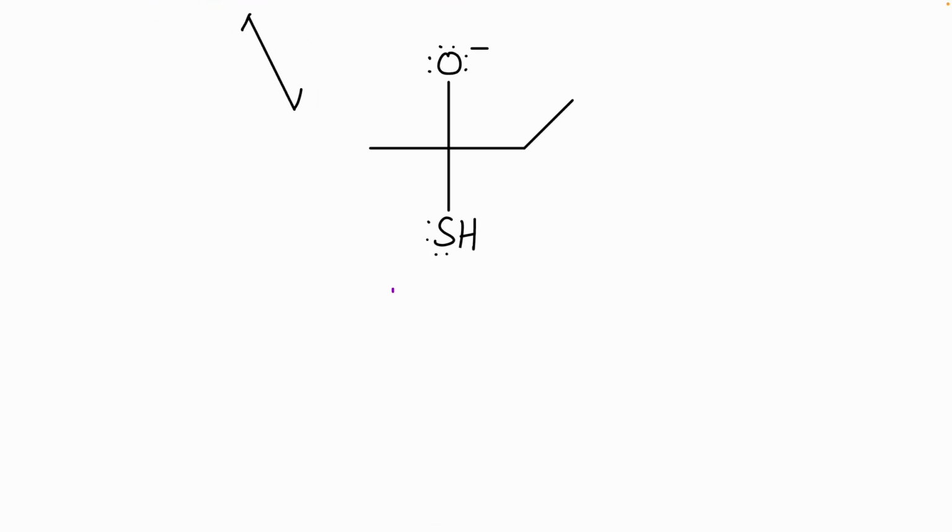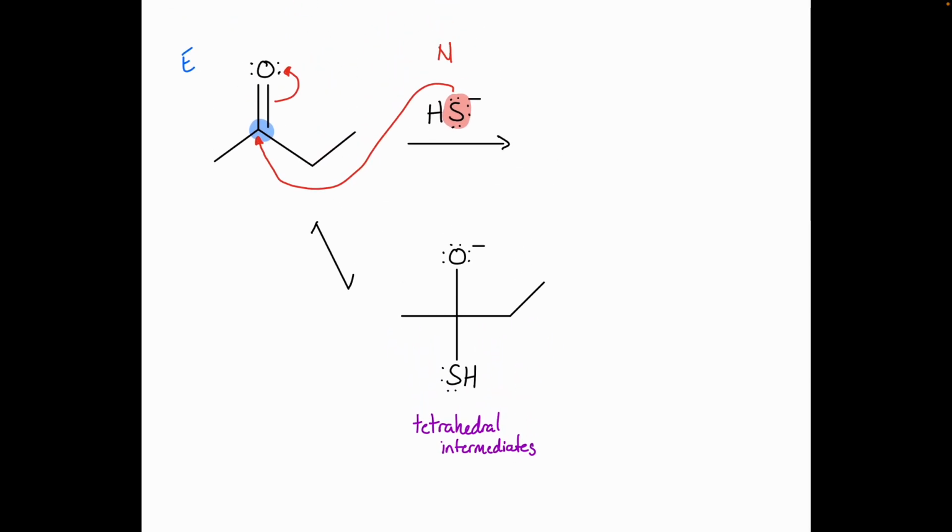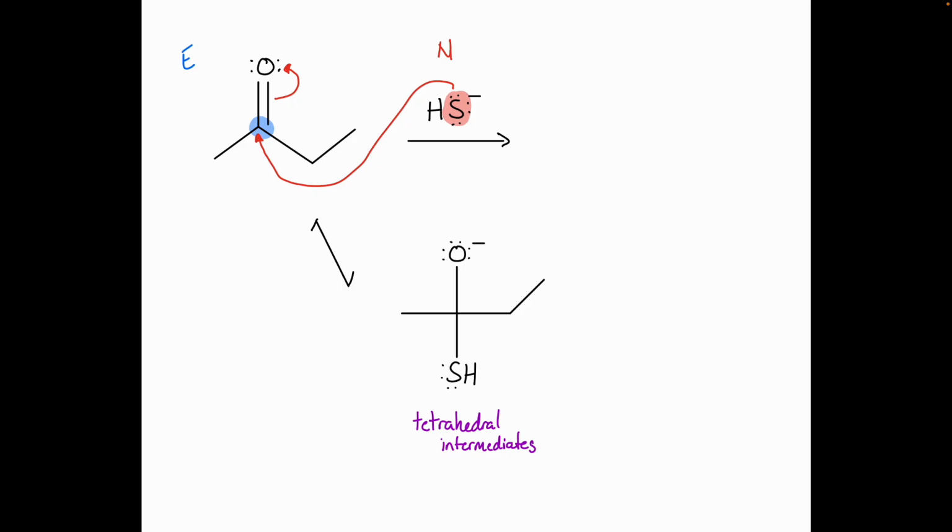And so we call these intermediates tetrahedral intermediates. These will always form in our nucleophilic addition reactions. Whenever that carbonyl carbon gets attacked, we get this tetrahedral intermediate.